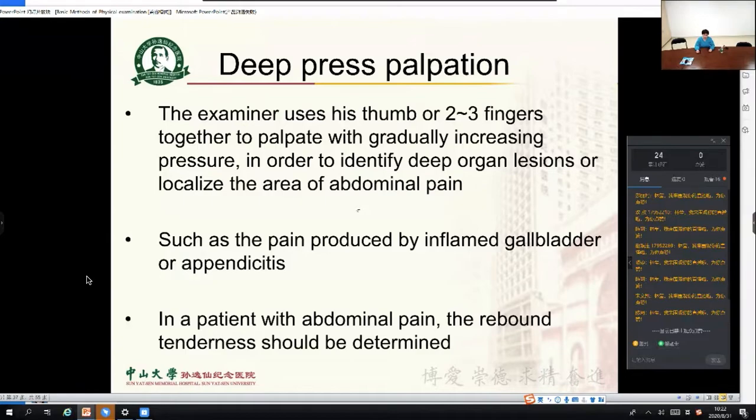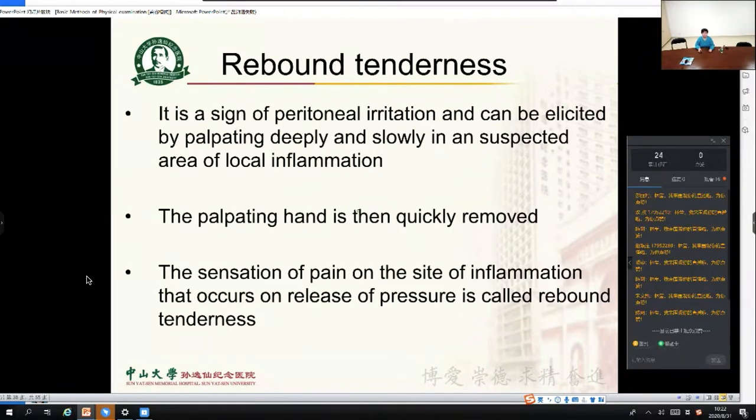In patients with abdominal pain, rebound tenderness should be determined. So what is rebound tenderness? It is a sign of peritoneal irritation and can be elicited by palpating deeply and slowly in a suspected area of local inflammation. The palpating hand is then quickly removed. Deep press palpation, and then quickly remove your palpating hand.